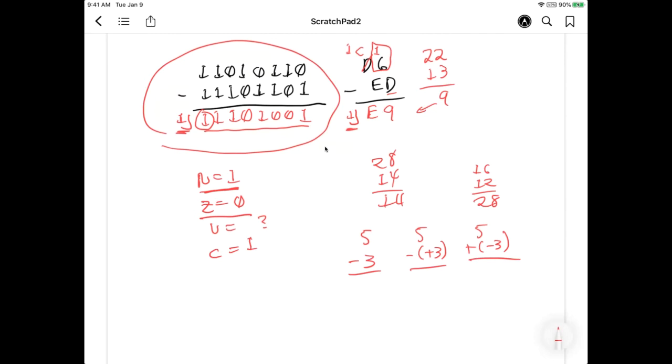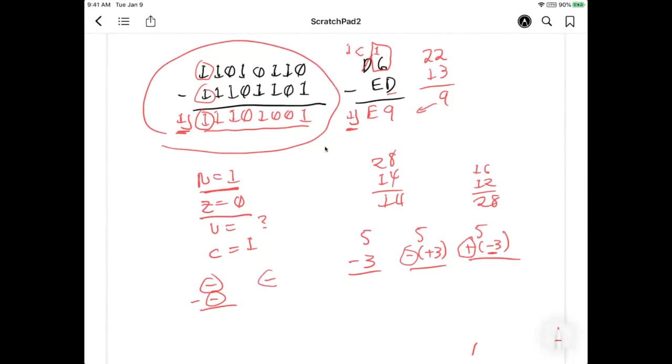Now, without doing any calculations, the top number here is negative because this has a 1. And we're subtracting a negative. So a negative subtract a negative.